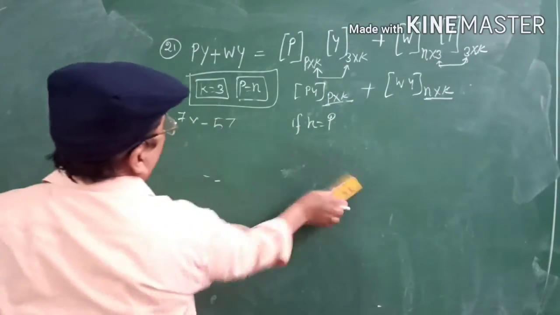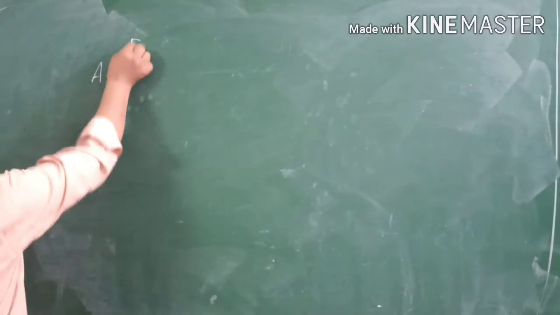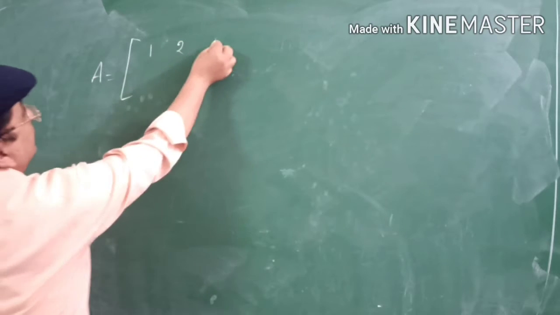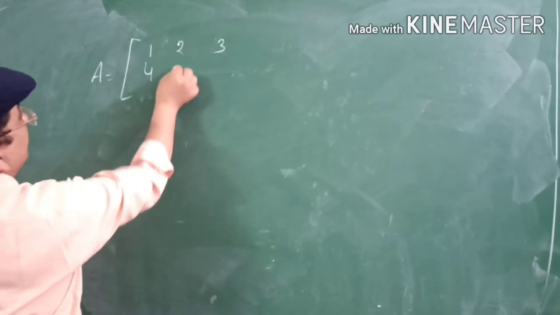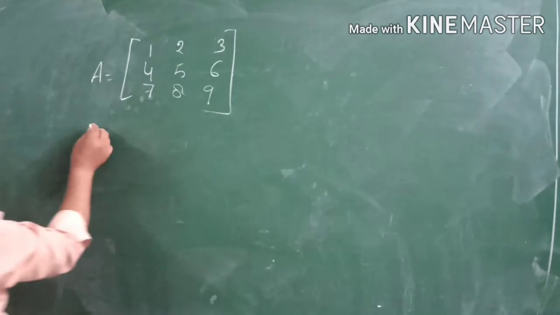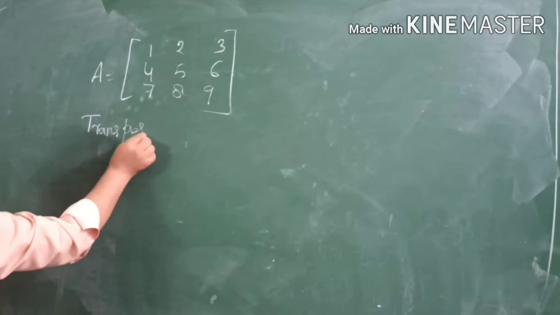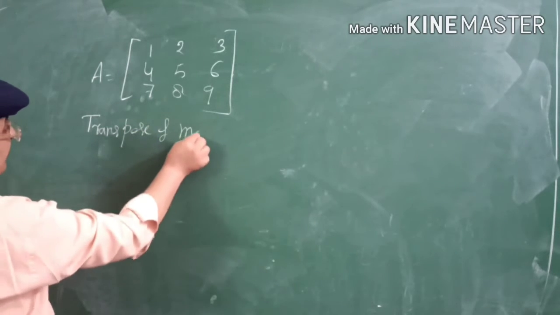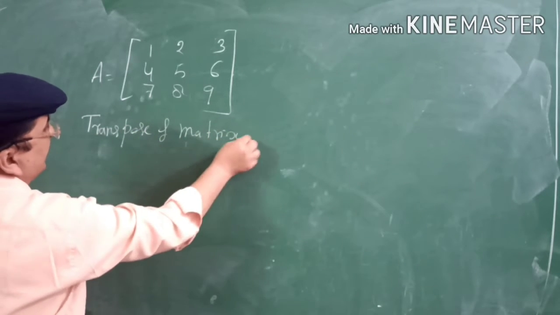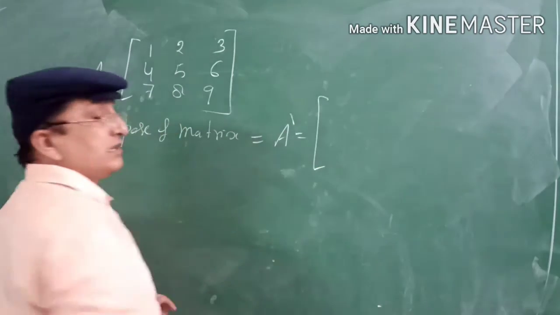Now see how to solve the complement of the matrix. Suppose a matrix A is given to you: 1, 2, 3, 4, 5, 6, 7, 8, 9. This is known as the transpose of the matrix, denoted by A dash. A dash means transpose of the matrix.